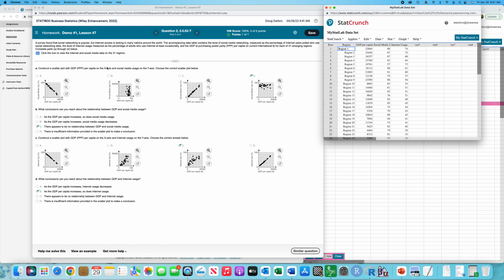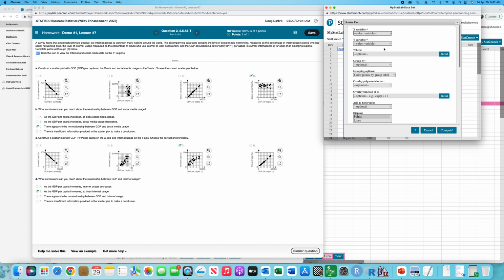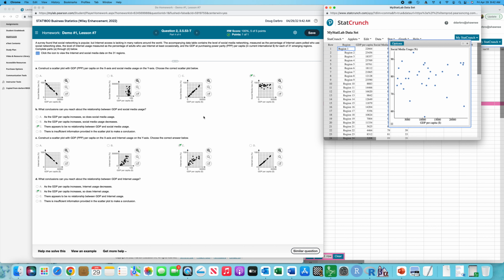So what we want to do here is a scatter plot with GDP. So again, I'm going to go to scatter plot. I want GDP per capita on the X, and I want social media on the Y. So hit compute, and the one that I thought looked most like this was D. Now notice that the axis is off a little bit because our axis here starts at about maybe 55, and their axis starts at about 0.